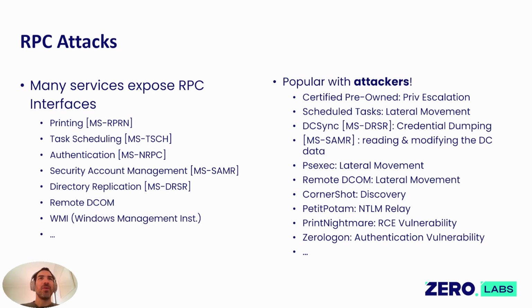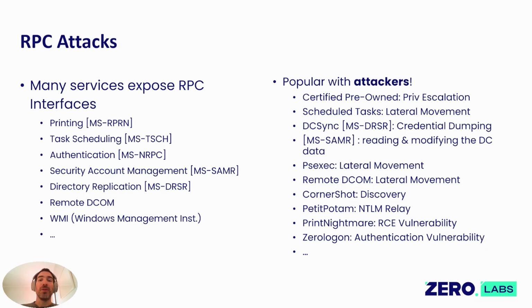So obviously, if you can call all these functions remotely, this is very attractive for attackers as well. And this is why we see RPC being utilized over and over again by attackers. We see it in certified pre-owned attacks, remote scheduled task for lateral movement, the DC sync attack that we've seen, PSExec, and so on. The list just goes on.